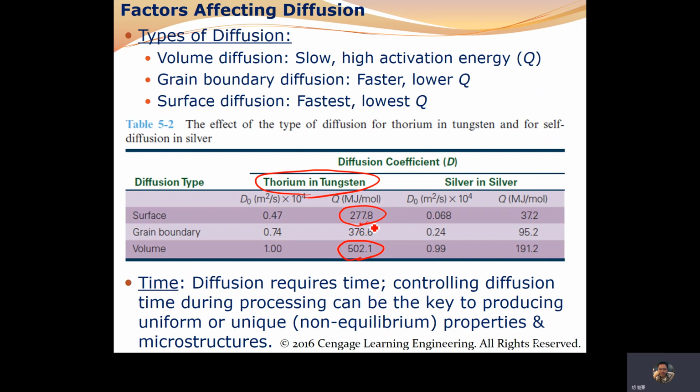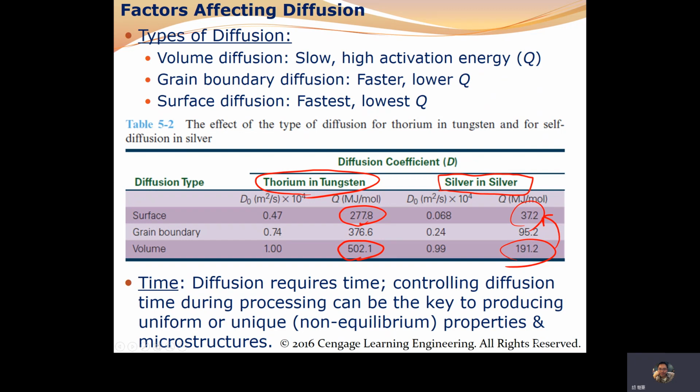The activation energy of this binary metal, or different types of metals diffusion, is higher than silver in silver, meaning the two metals are the same. And of course, for the same metal diffusion, the volume diffusion activation energy is still much higher than the surface diffusion.